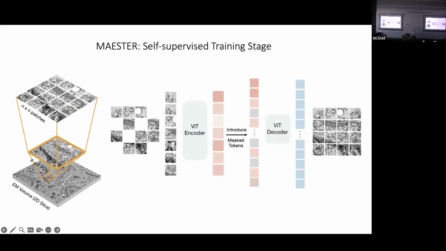The way that this works is we take these 2D images and we split the images up into square patches, and we mask some of the patches. So we remove some of the patches, and then we convert that set of patches into a vector with a vision transformer encoder, and then we feed that into an autoencoder.